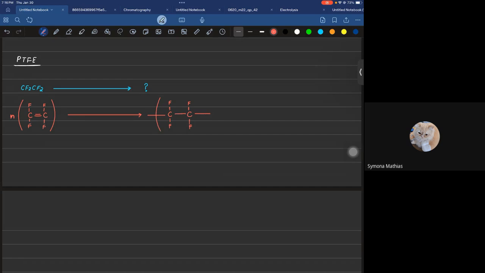So this is the polymer, and this was the monomer.